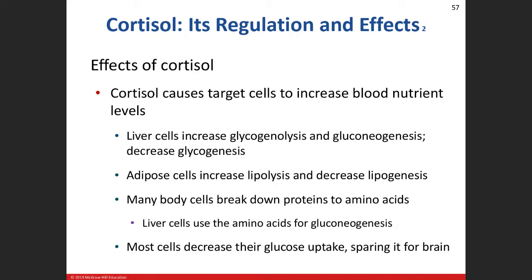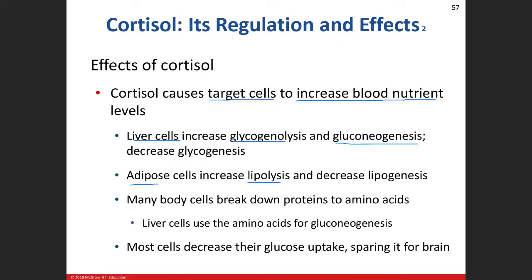All right, so basically what I was just showing you there, just a quick review here. The effects of cortisol. When we talk about the target cells, our overall goal is to increase blood nutrient levels. So what's the liver do? It's going to increase nutrient levels of glucose through glycogenolysis and gluconeogenesis. Adipose cells are going to increase glycerol and fatty acids through lipolysis.